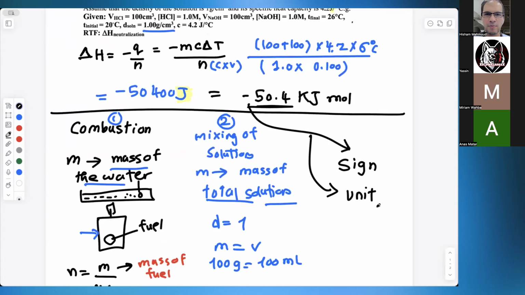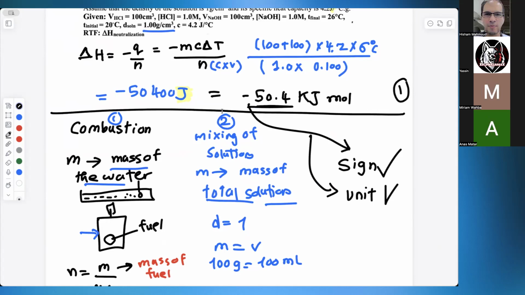So if the question has one mark only, then you are in trouble, because if you get the numerical value correct, but you get the sign or the unit incorrect, unfortunately you might lose the mark, because it's just one mark. If there are more marks, then you will be lucky, because if you made the wrong unit or something, it's okay. But if it is one mark, you will lose all of it. So make sure that you also take care of the sign and the unit beside the numerical value.